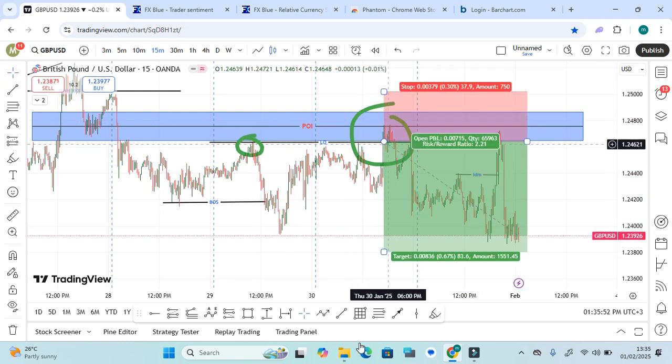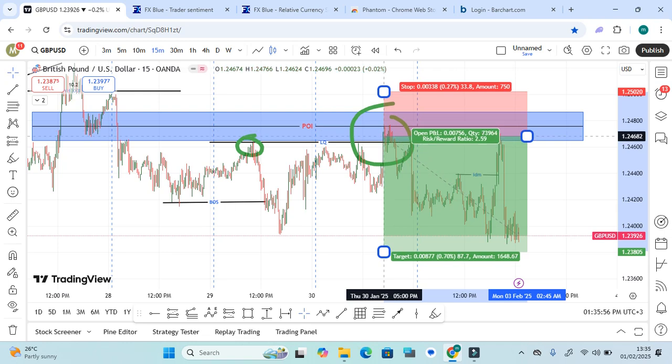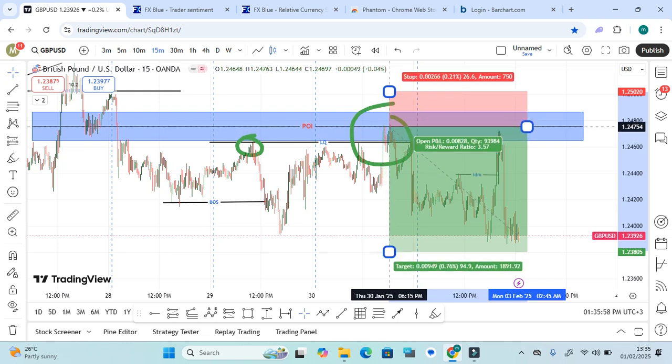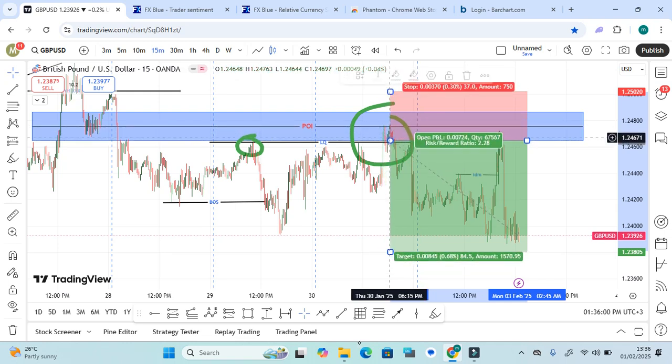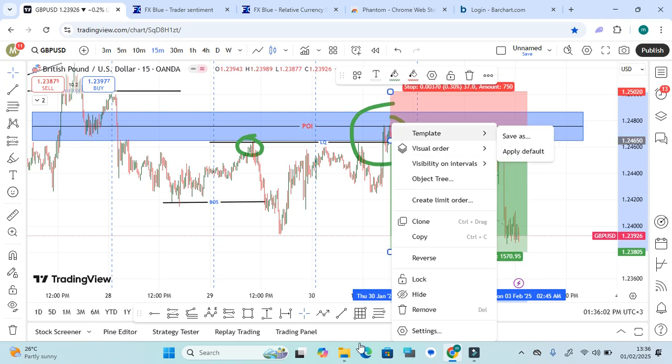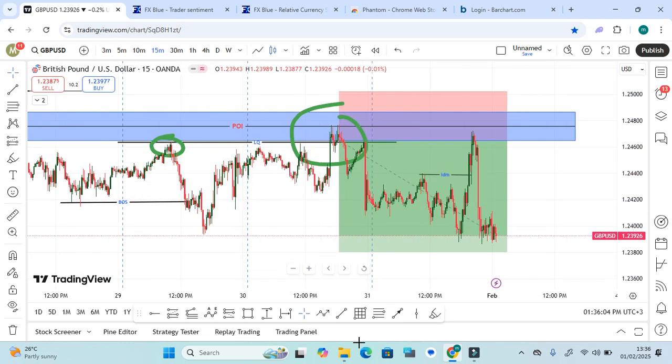Sell at least where the fair value gap started. I don't want to get so deep on this entry model. I just want to handle it like this because most of us have gone to the essence. It's not a bad strategy.